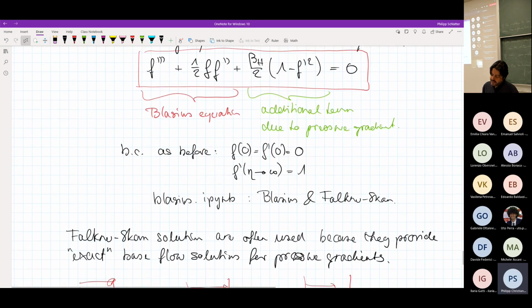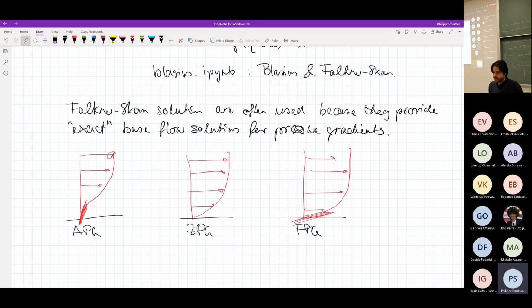And I was saying, when we introduced H in the beginning of the lecture today, that H is actually a measure for the thickness of the profile, or in that sense also the actual pressure gradient. So we know now that H for the zero pressure gradient case was 2.59.